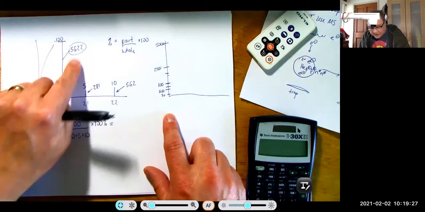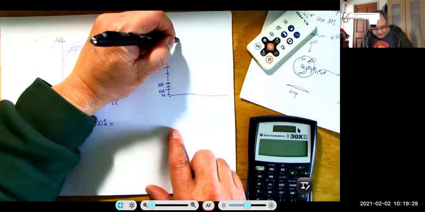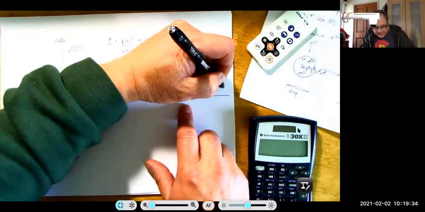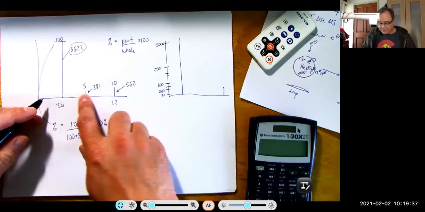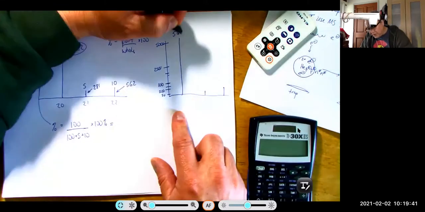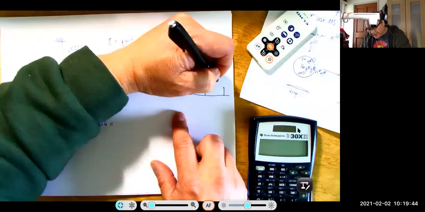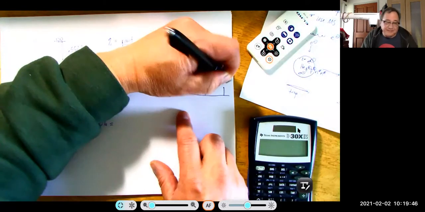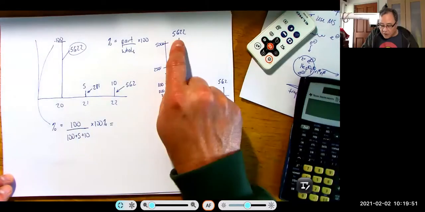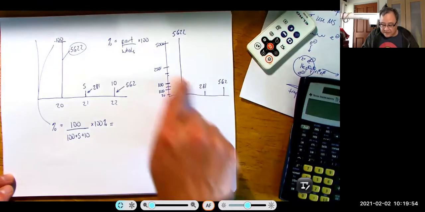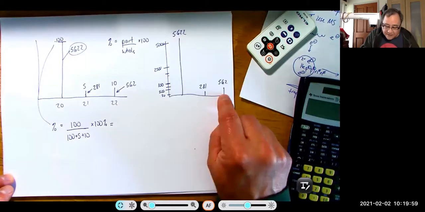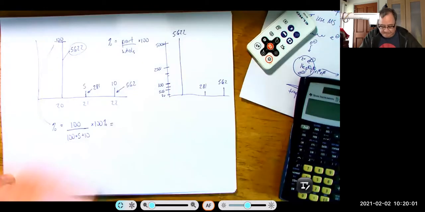So 5,622 would look like this, 562 would look like this, and 5 would look like this. Do you see how 5,622, 281, and 5,062 look the same as this? So instead of using the raw data, you just say that's 100, and then you figure out how big that is compared to that being 100.